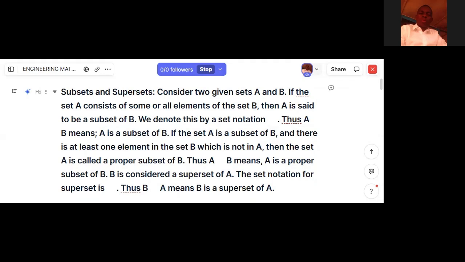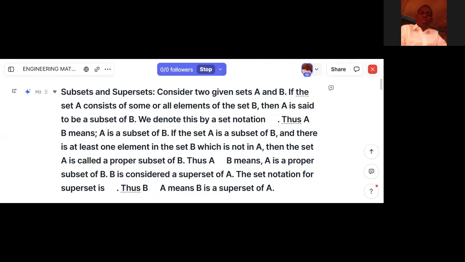So, subsets and supersets: consider two given sets, A and B. If the set A consists of some or all elements of set B, then A is said to be a subset of B. Again, I'll take that again.